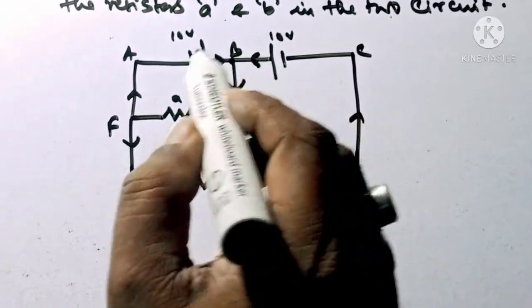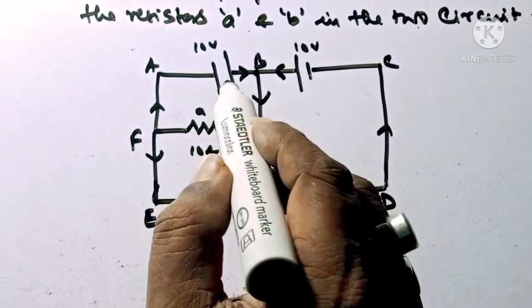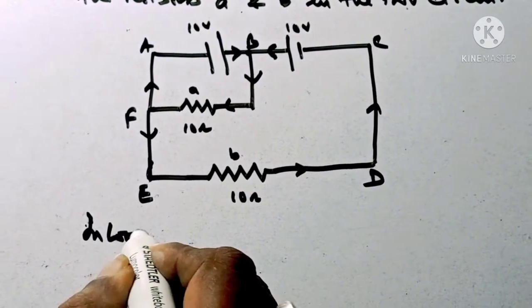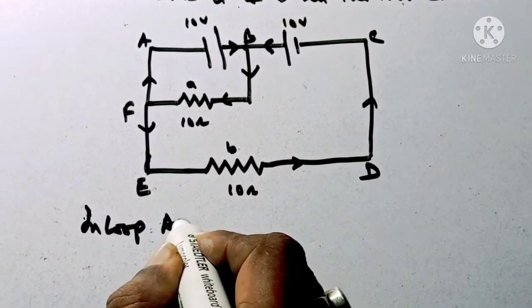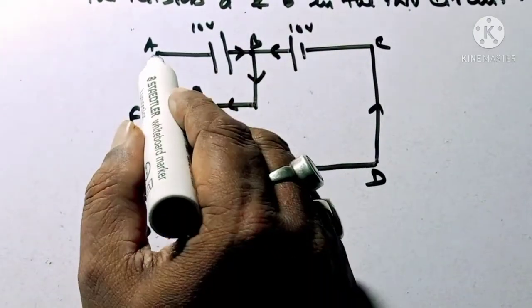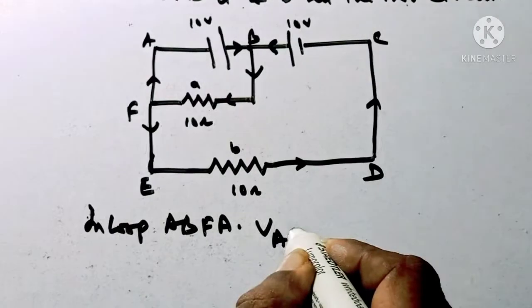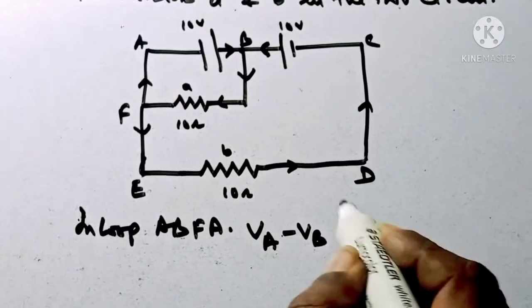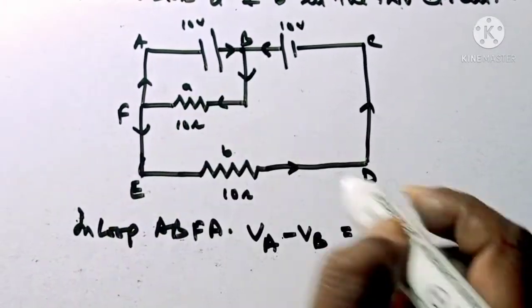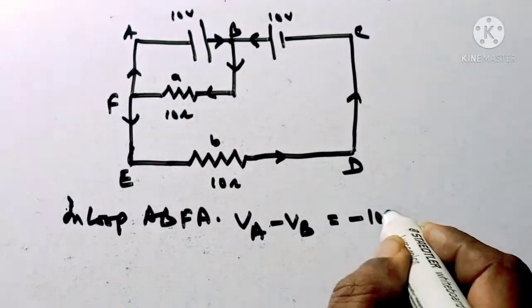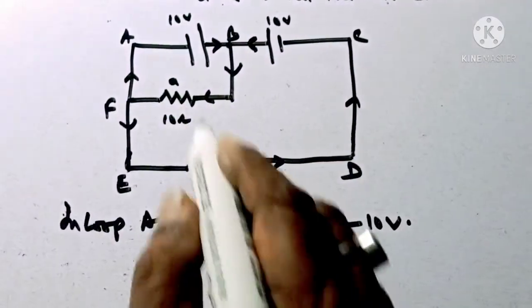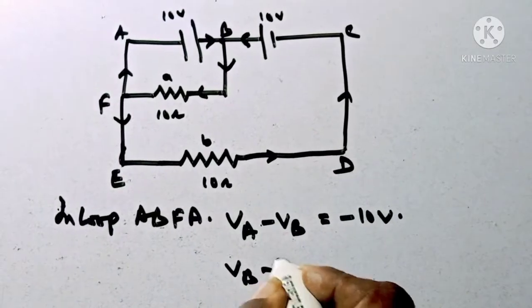Now I am going to show the flow of the current in these two loops. First, in the loop A, B, F, A. Here you see VA minus VB is equal to minus 10 volt, since the current is flowing from the negative to the positive side. And again VB minus VF.